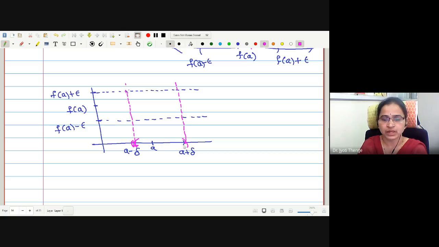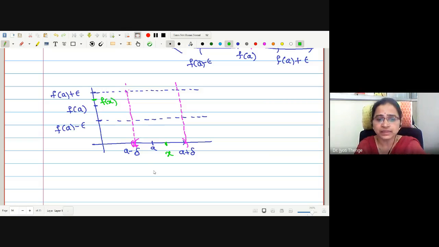Now what we are saying is, whenever our x falls in this interval, say x I am writing, then its corresponding f of x value should be in this interval. Then for every epsilon, however we may make epsilon small or large, such a delta is going to exist.